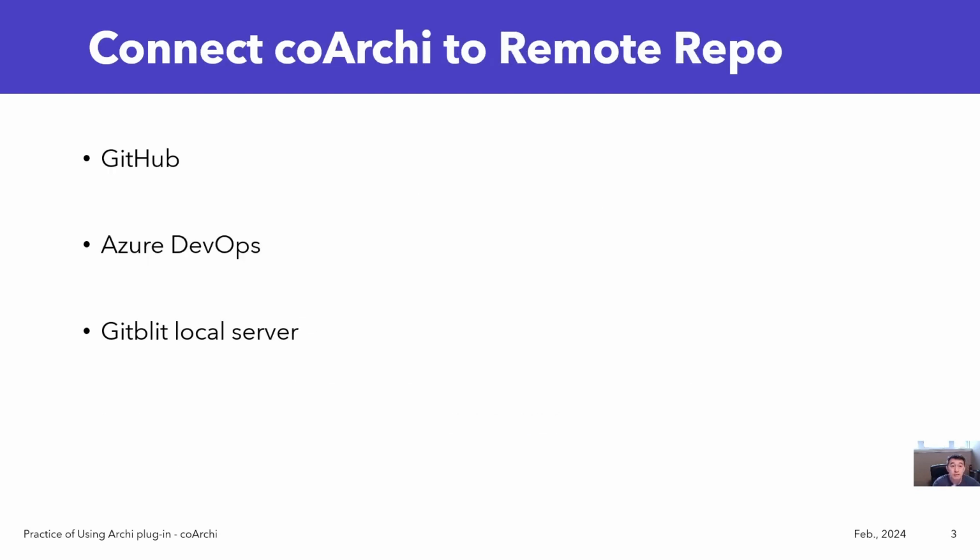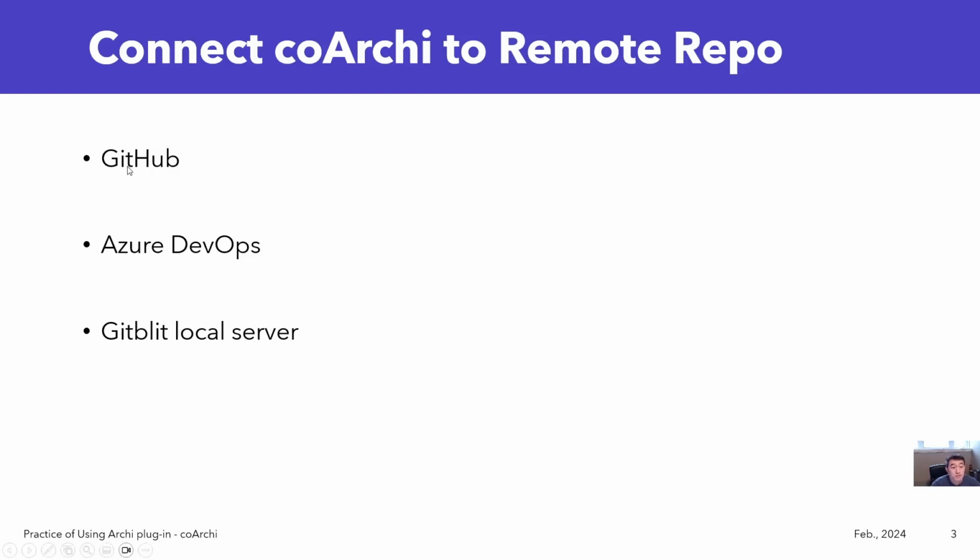First is coArchi as the collaboration tool. The author's website mentions the Gitblit local server, and I will mention that as well. But you may have a group of people connected remotely or virtually, so using a local server doesn't make sense for a truly distributed architecture team.